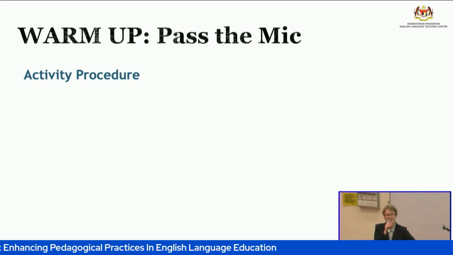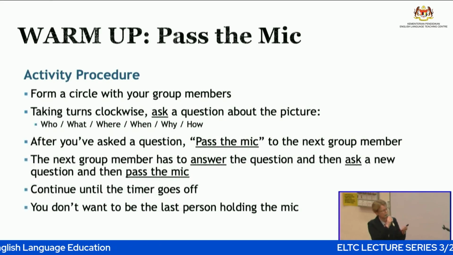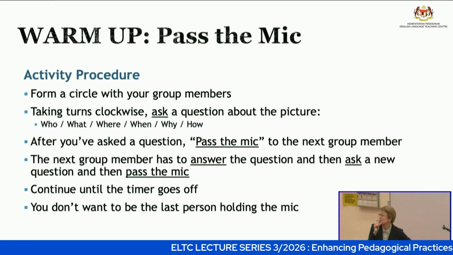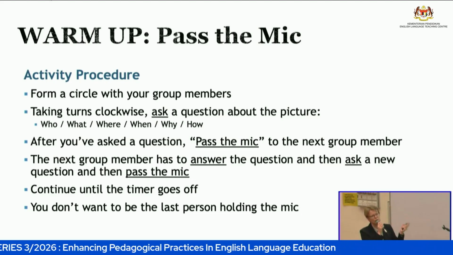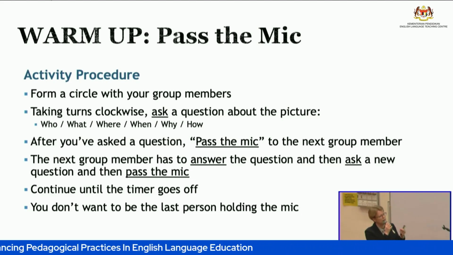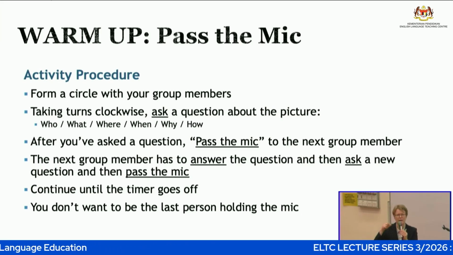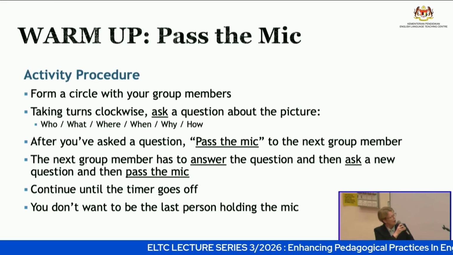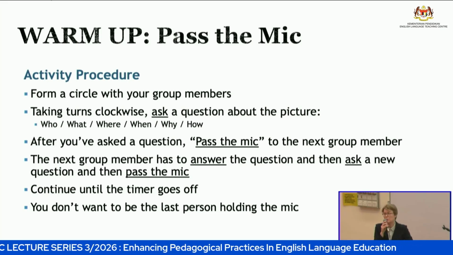For the activity, you have to be with a group. You can get together with your original group members, the 5 or 6 that you had at the beginning. You'll be in a circle or as a group, not in a line, so that you can pass a mic between you. You're going to take turns clockwise asking a question about a picture.